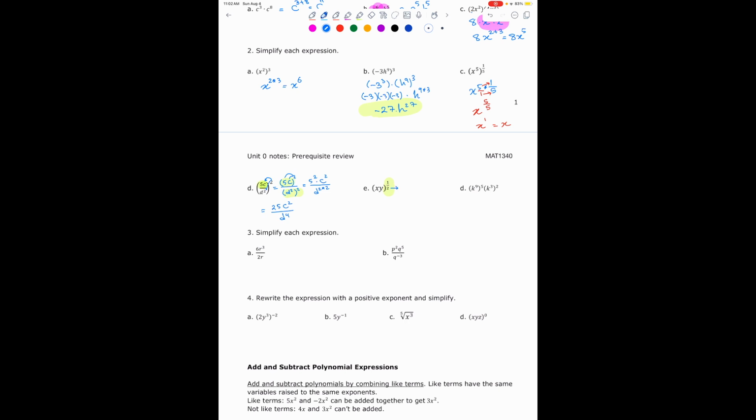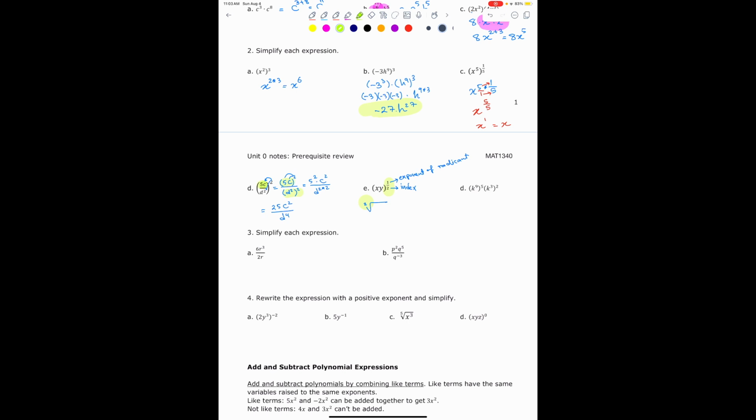This is going to be the index of the radical, and this is going to be the power or the exponent of the radicand. So here is the square root. Remember, sometimes I just write the 2 for clarification.